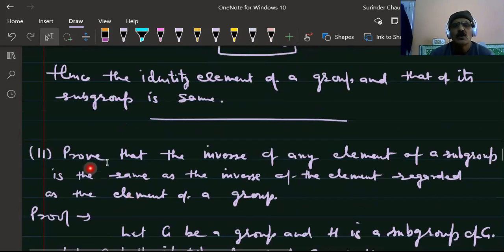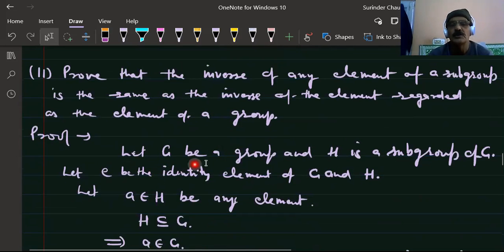Next, prove that the inverse of any element of a subgroup is the same as the inverse of the element regarded as an element of the group. The inverse element of an element will be the same in the group as well as the subgroup.